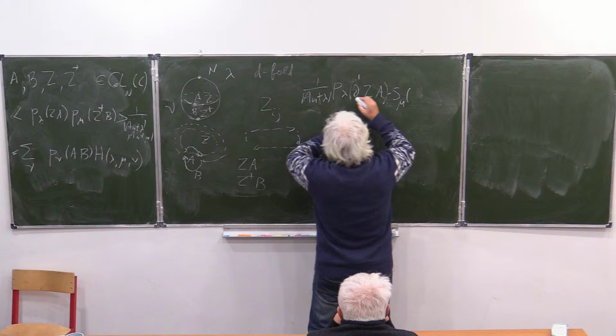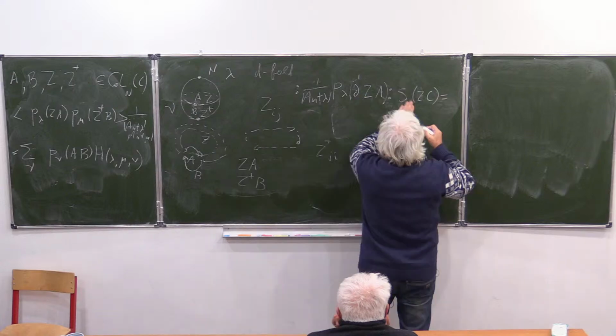This is a differential operator, and when it acts on a Schur function with the same lambda, mu, then we get the following formula.